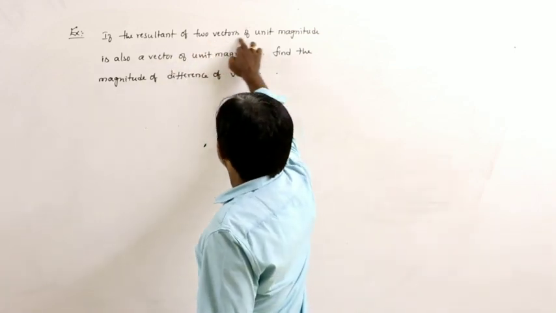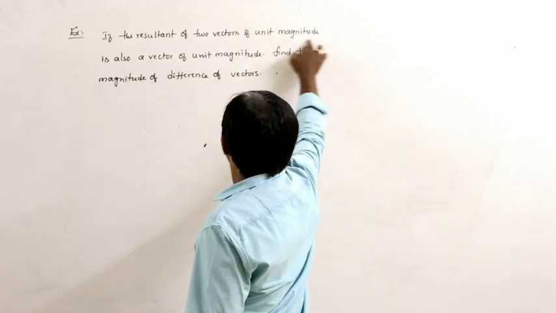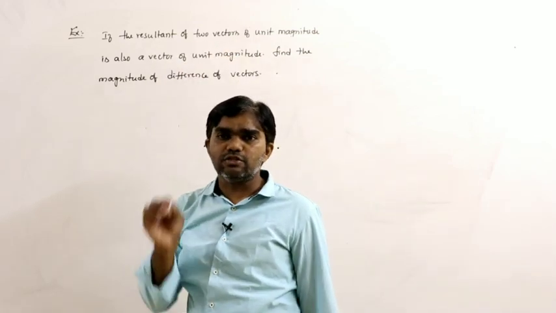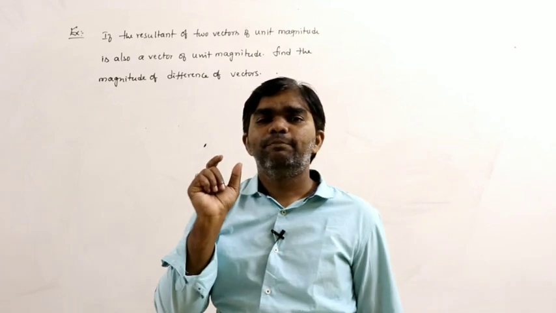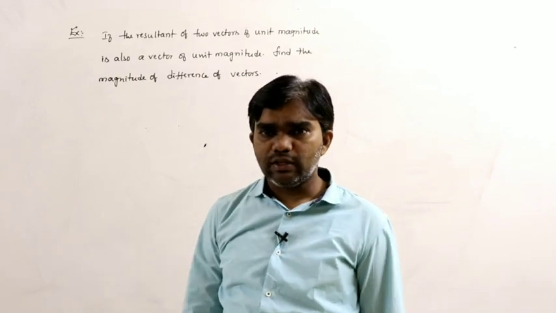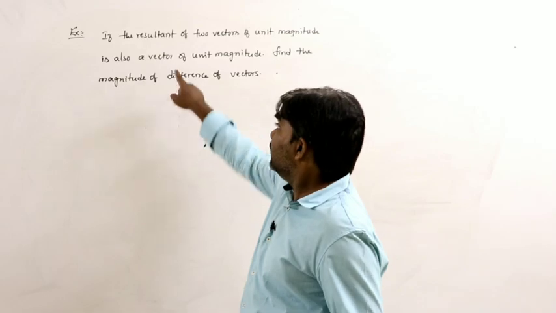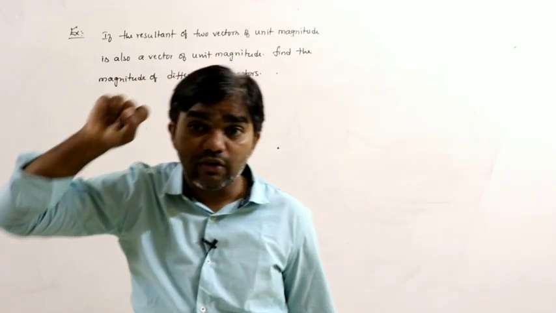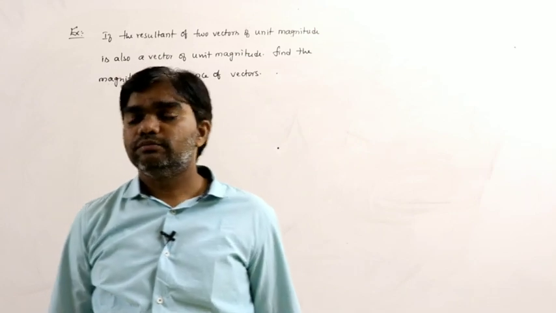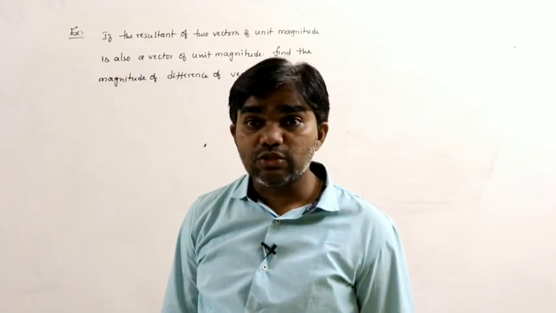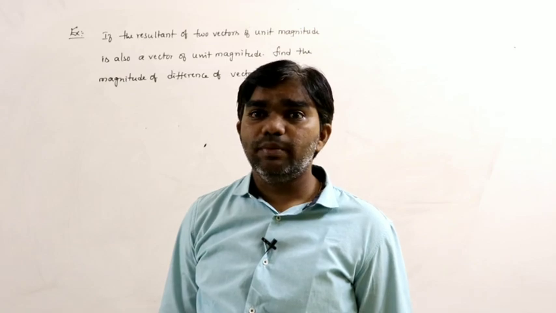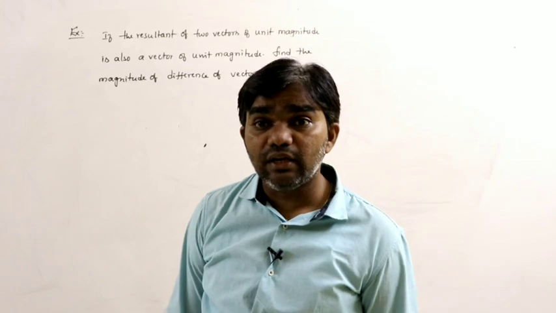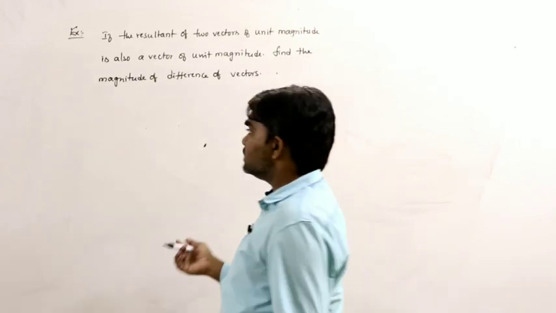Unit magnitude means those two vectors must be unit vectors, and the resultant is also a vector of unit magnitude. So that means the resultant vector is also a unit vector. That is the given condition.